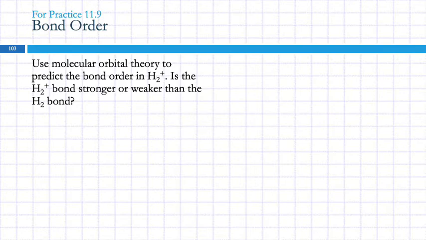So, use molecular orbital theory to predict the bond order in H2+. Is the H2+ bond stronger or weaker than the H2 bond? So, good news for you, I'm not going to make you draw molecular orbital diagrams. They'll be given to you on an exam, and you just need to be able to fill them in.